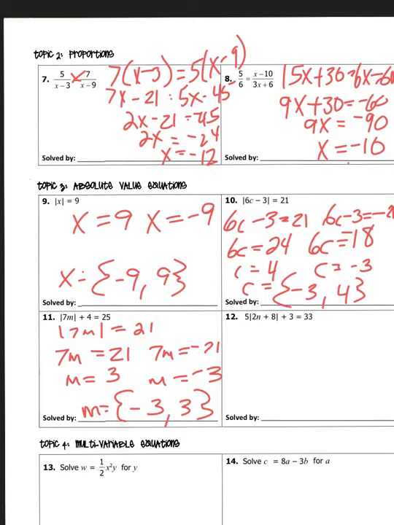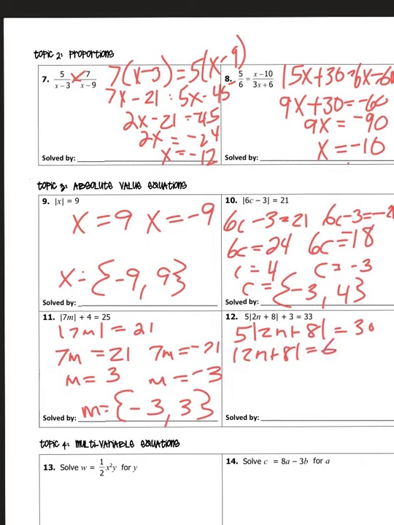Number 12, we have to get rid of the plus 3 and the 5 in order to isolate the absolute value. So first we'll subtract 3 from both sides. We get 5 times the absolute value of 2n plus 8 equals 30. Then divide by 5 on both sides to get rid of that. And we get the absolute value of 2n plus 8 equals 6. All right.